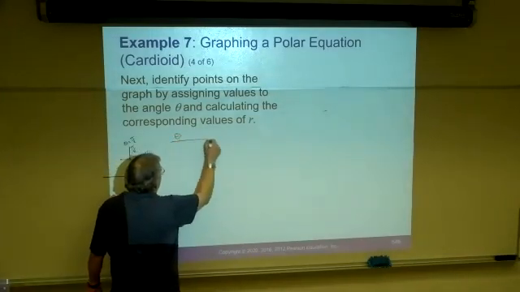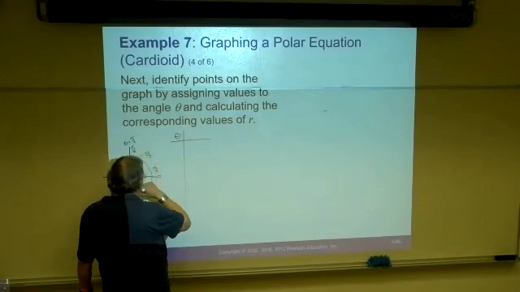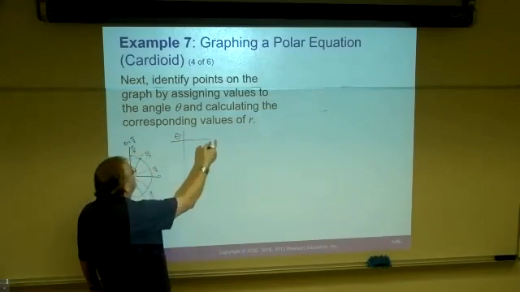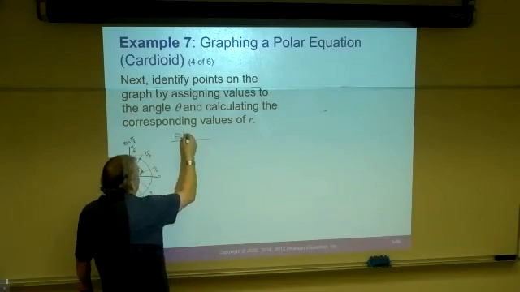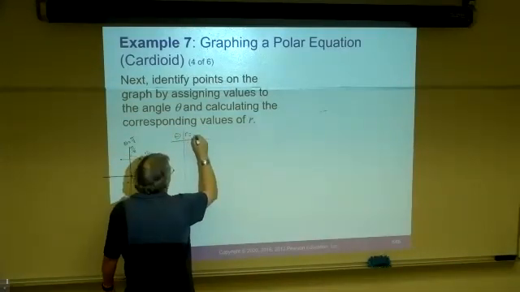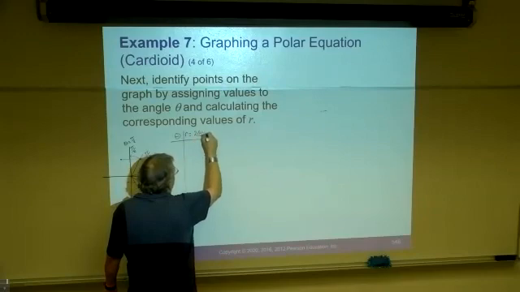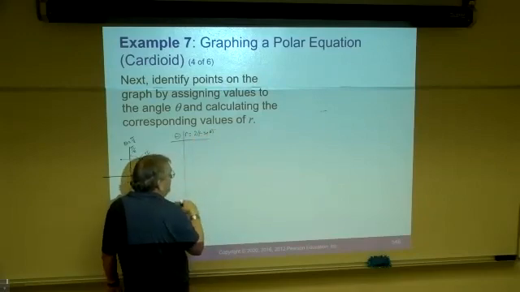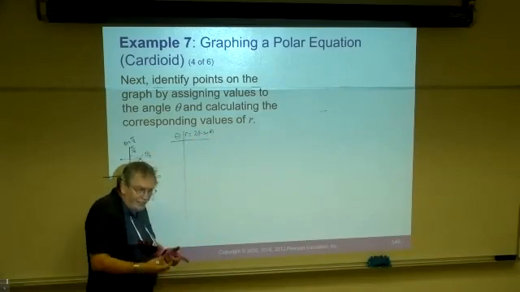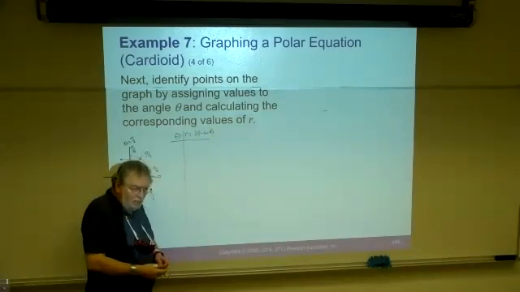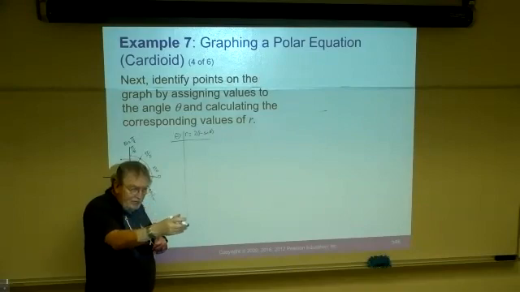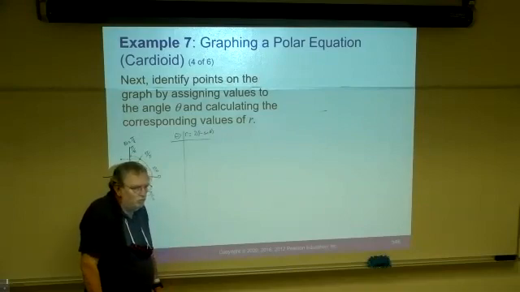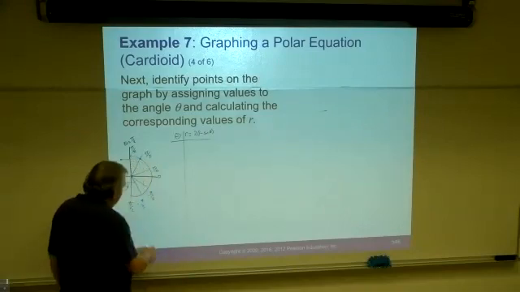We have theta, because we're going to put the angles into the formula. And the formula is r equals 2 times 1 minus the sine of theta. So this involves a little bit of calculator work as well as remembering the unit circle values for these angles.